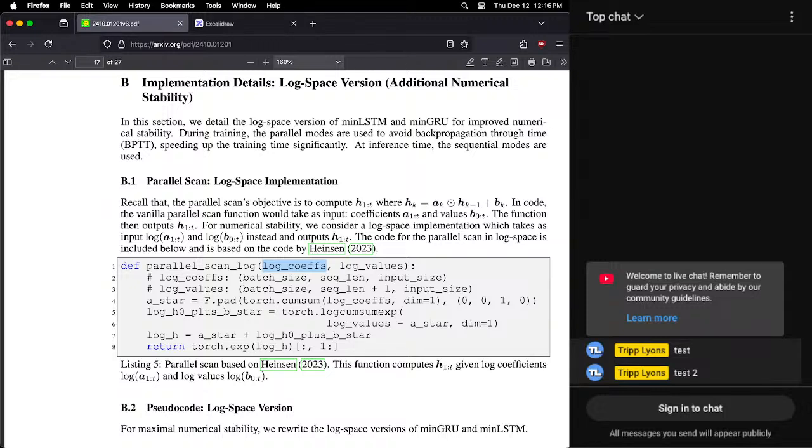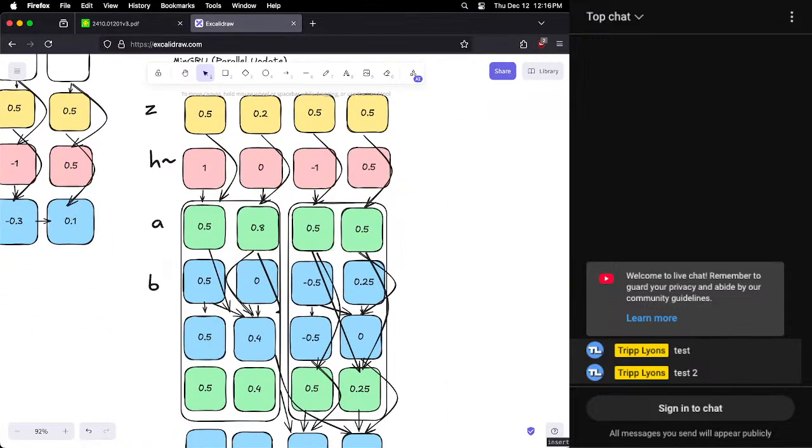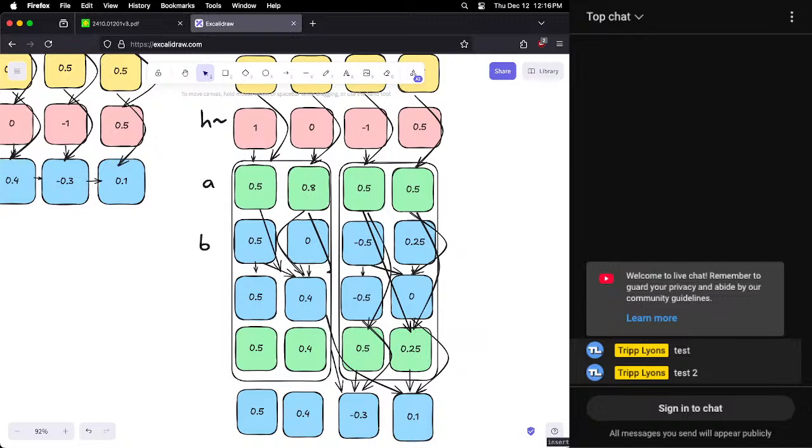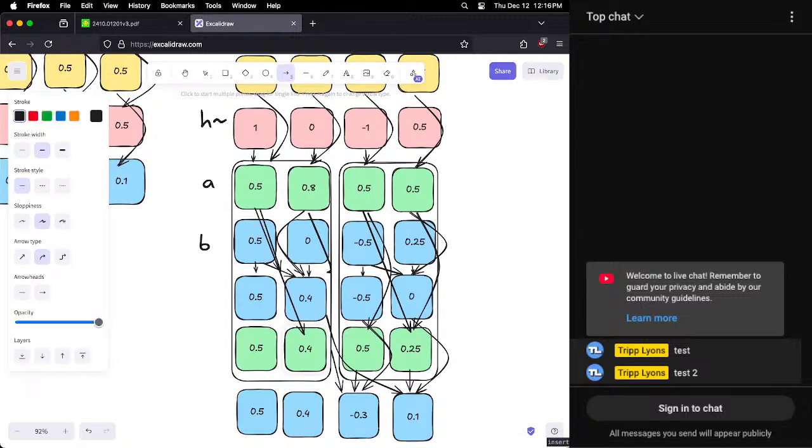And I guess instead of multiplying each of the a's in this update, where you let me actually put this out here. Instead of multiplying 0.5 by 0.8 here, you could add the logs and then normalize. Seems like, yeah.